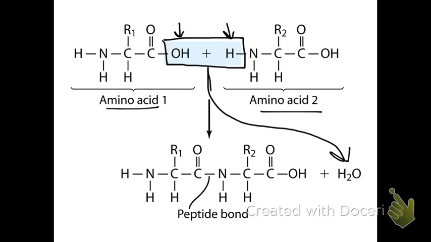In the end, then, we are going to link the carbon from the carboxylic acid group and the nitrogen here, and we are essentially going to make a peptide bond. Let me outline this peptide bond for you.